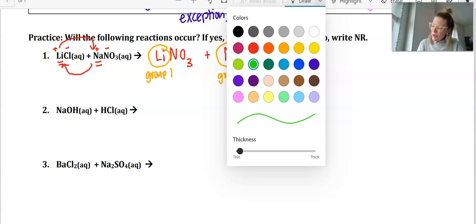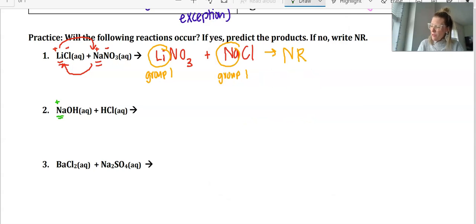Okay, sodium, again, that's a +1, hydroxide -1, hydrogen +1 in this case. Again, I don't want to say that hydrogen doesn't form a +1 or -1, but it's going to act as our cation in this case, and Cl is the -1.